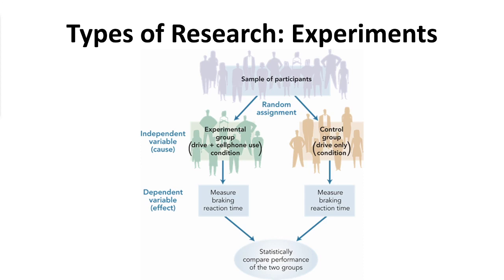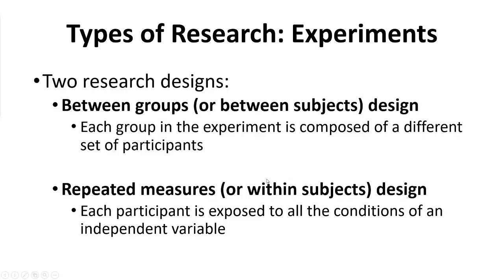So how quickly are they able to respond to things that pop up in the road? They're measuring if people in the group that had to use a cell phone are going to take longer to react than people in the group where they don't have a cell phone. And then we can statistically compare those two groups to see if there's a difference. And that's the basic setup for the experiment.